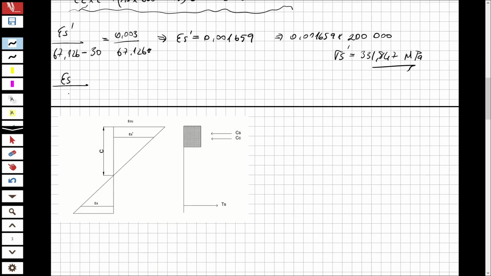Let's write it here. The total length, the d, normally will be equal to 480 minus c value. 67.126 equal to 0.003 over c.